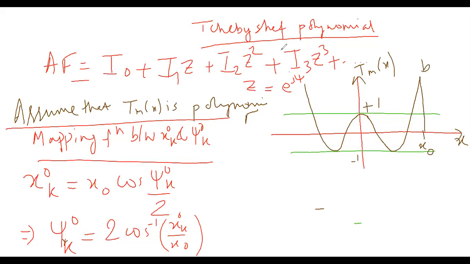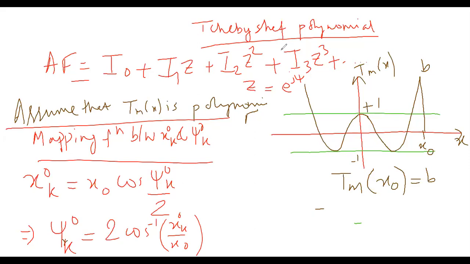So from this curve, can you say that Tm of x naught is equal to b? Yes, obviously, when you put x equal to x naught in the expression of the Chebyshev polynomial, you get b.